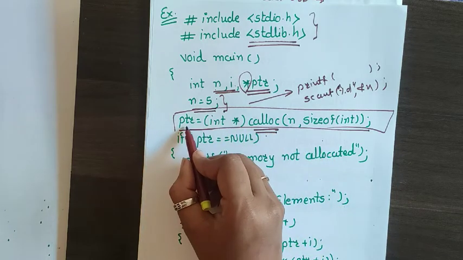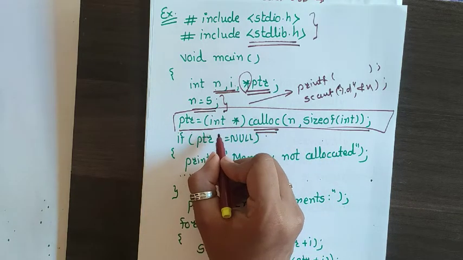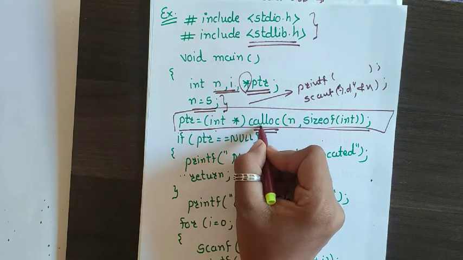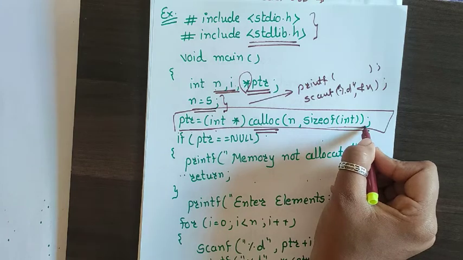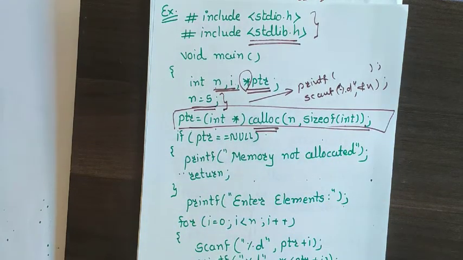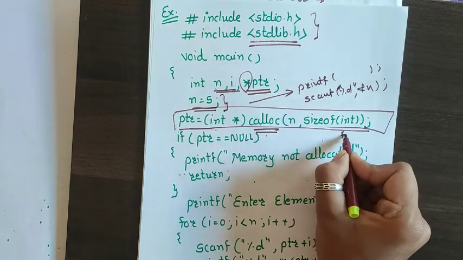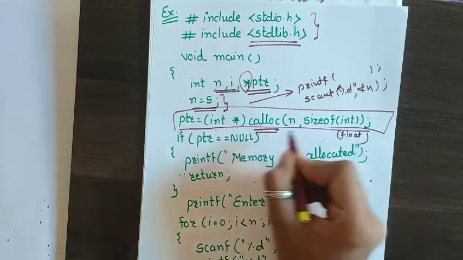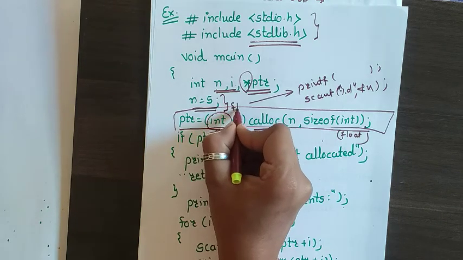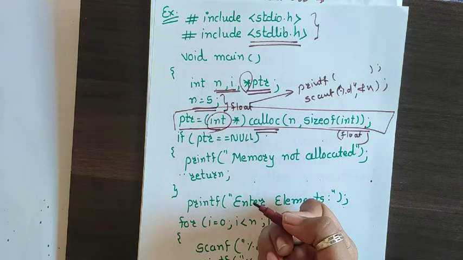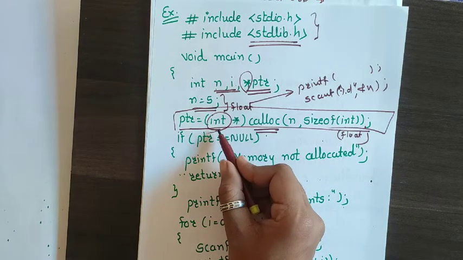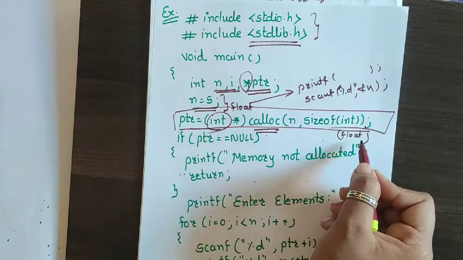So ptr, the pointer, equals integer star calloc n comma sizeof integer. If you want a pointer of float data type, you just replace this with sizeof float and typecast with float. That is the only difference. If I want character data, I can write char star and sizeof character.